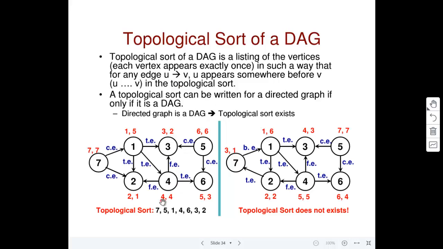So for example, in this graph, there's an edge from 4 to 3, so 4 appears somewhere before 3. It could be right after that vertex, like for example 4 to 6, 4 appears just before vertex 6, or it could be somewhere later also, like 4 to 2 there is an edge, so 4 appears somewhere before 2. Okay, so let us run depth first search on this directed graph quickly.